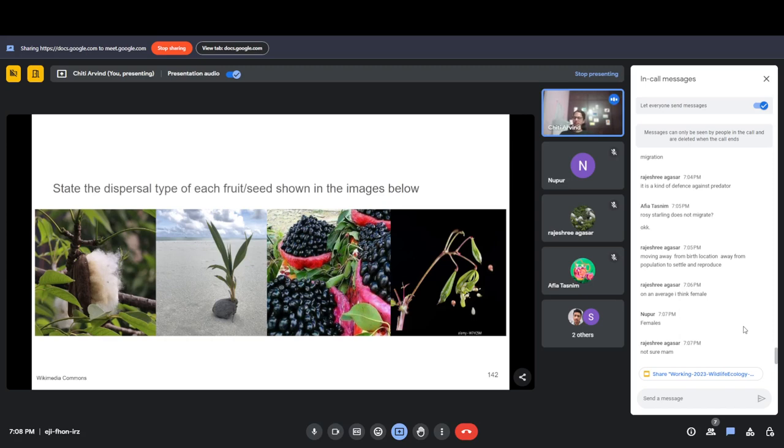What do you think is the mode of dispersal for the plant in image 1? Okay, Rajshri, by wind. Hafi, I'm not sure what you mean by jump.